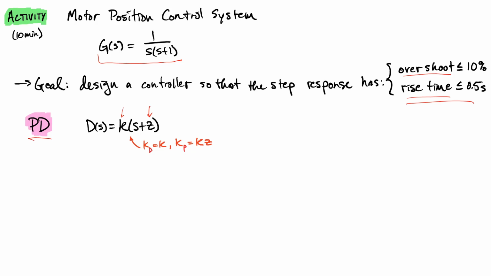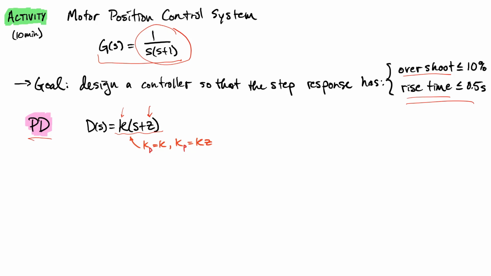You can either enter in this transfer function for the plant and this transfer function for the controller in RL tool, or you can start where you left off in the proportional case and select that edit compensator option.